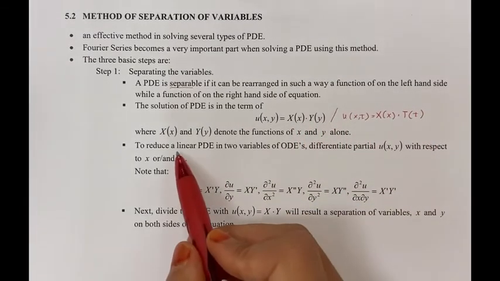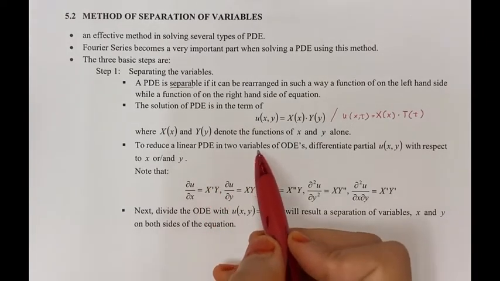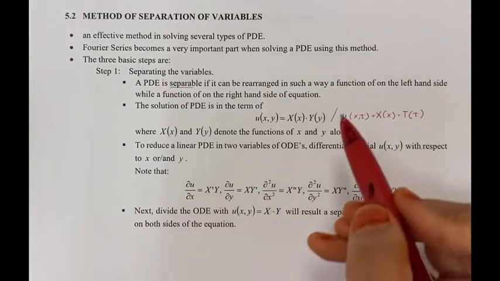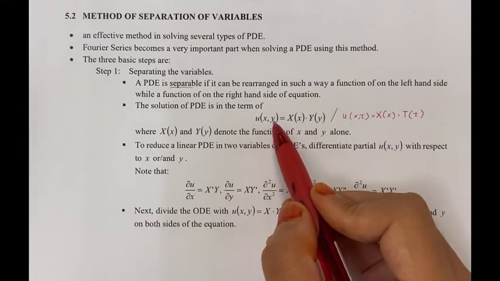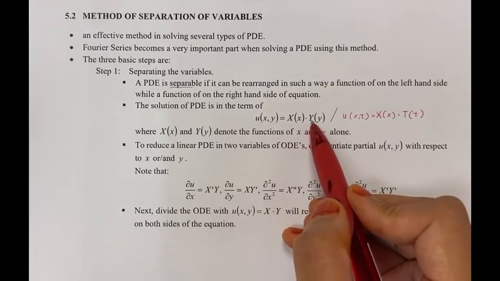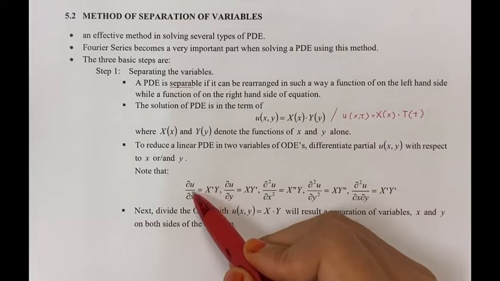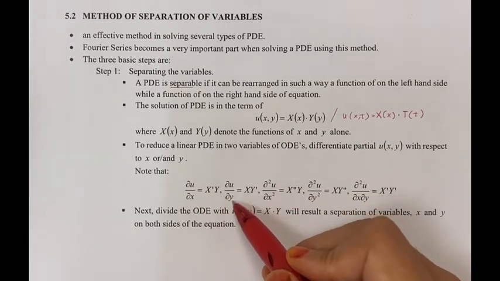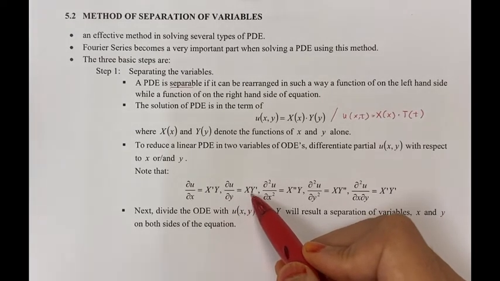To reduce a linear PDE in two variables to ODEs, differentiate partial u(x,y) with respect to x or y. So you note that del u over del x is equal to X prime Y. From here, you have u(x,y) equal to X multiplied by Y. So del u over del x is X prime Y. Del u over del y is X Y prime.